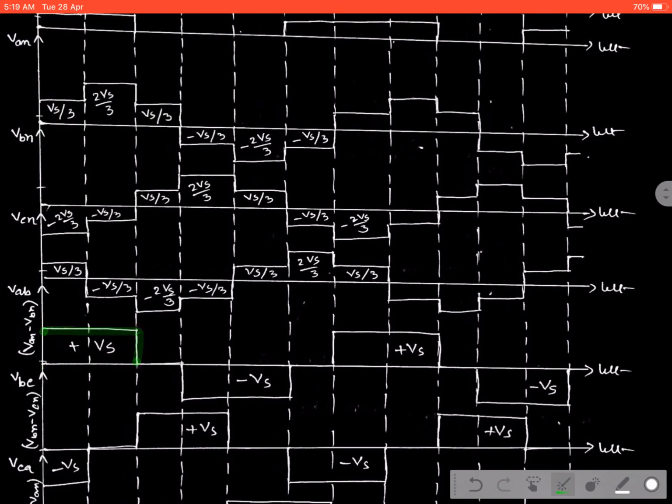Now the next case. In this case for VAN, that is Vs by 3 and this is minus Vs by 3. That means they cancel each other, it will provide you 0 voltage.